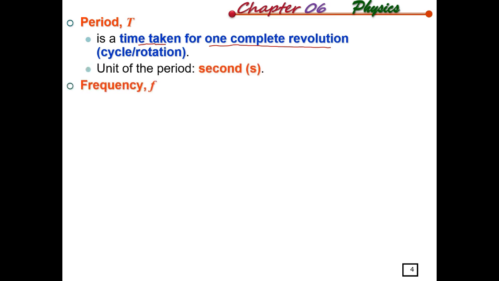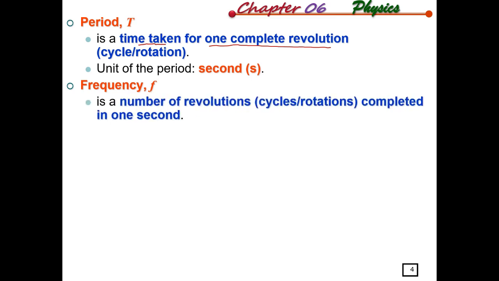The next parameter that we look at is frequency. The symbol is small f. Frequency is the number of revolutions that complete in 1 second. Please do not be confused with the period. It means how many cycles or rotations that body can make in 1 second.